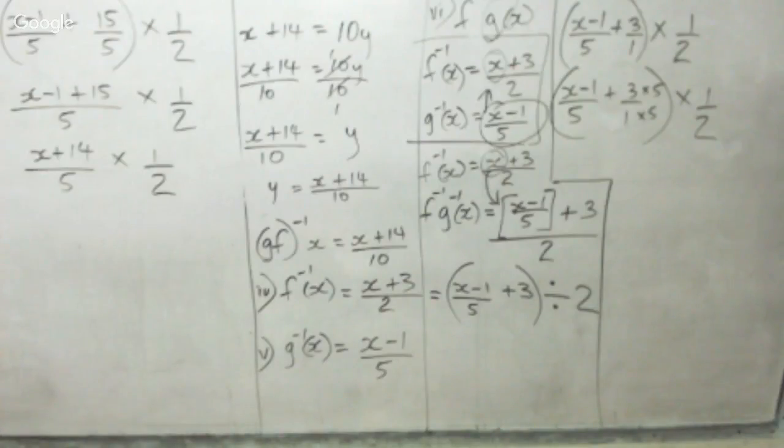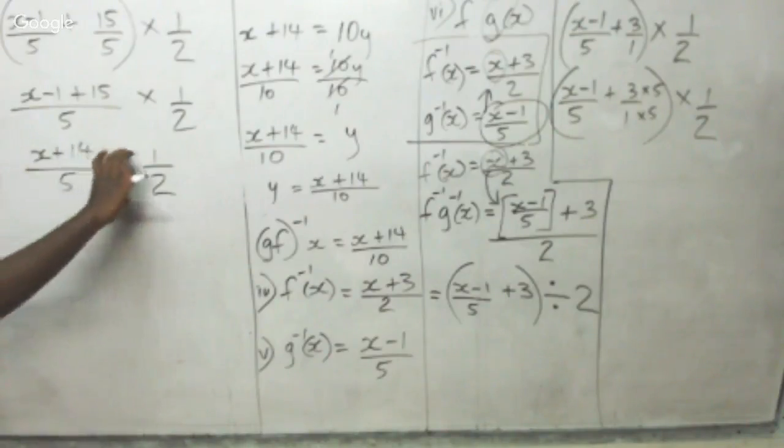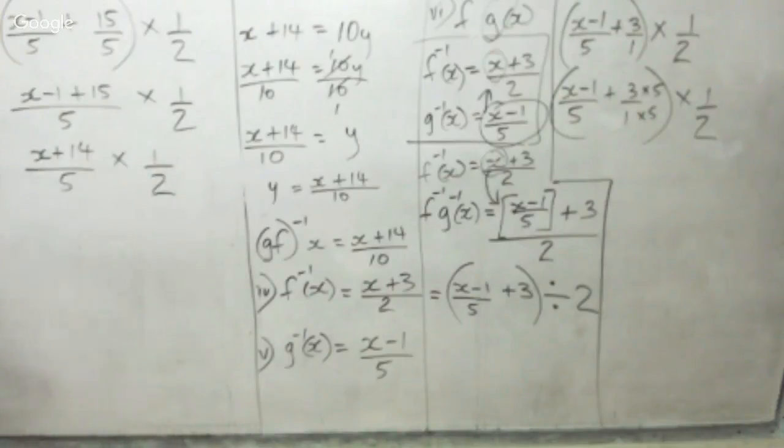Is everybody comfortable with that? Are we seeing that? All right, so for the rest of us, we have one fraction multiplied by another fraction, so we can multiply straight across. 1 times anything is the same thing.